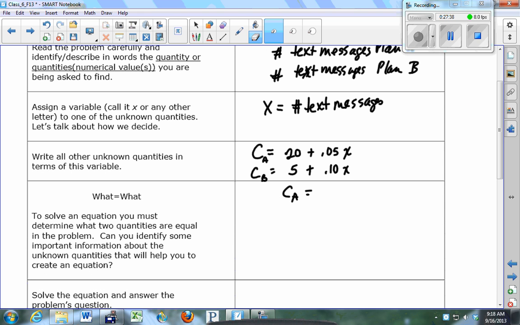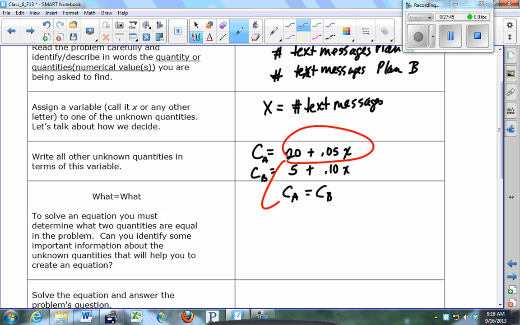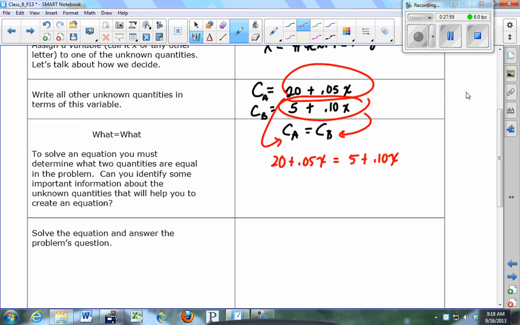Right, when are the costs the same? Then we substitute, as Orlando said, each one of these in for the cost, because those are the two expressions that are equal. So 20 plus 0.05x is equal to 5 plus 0.10x. When are those two costs the same?